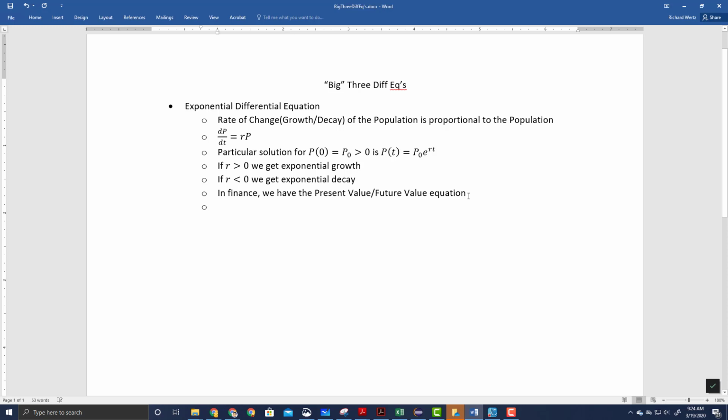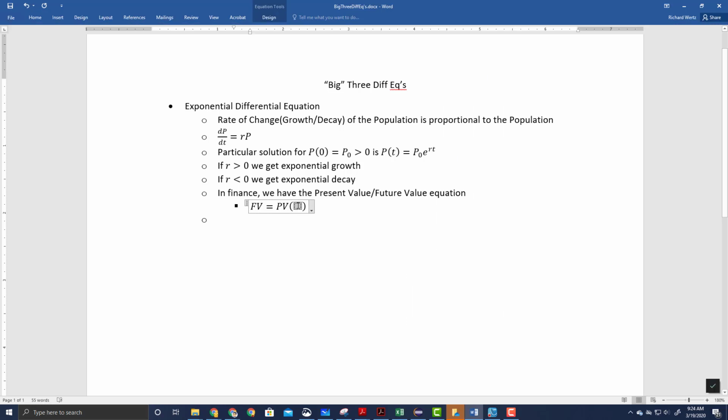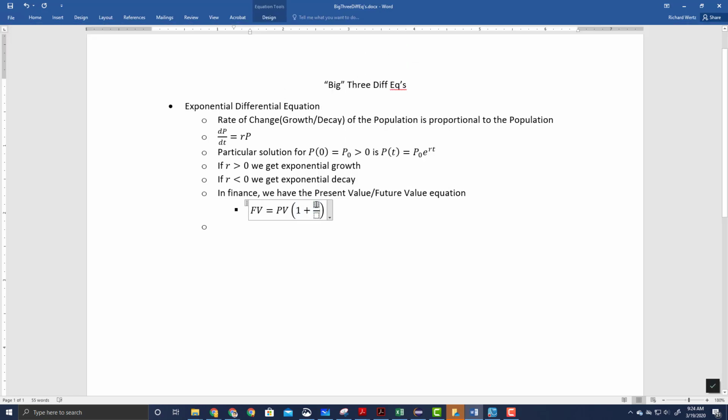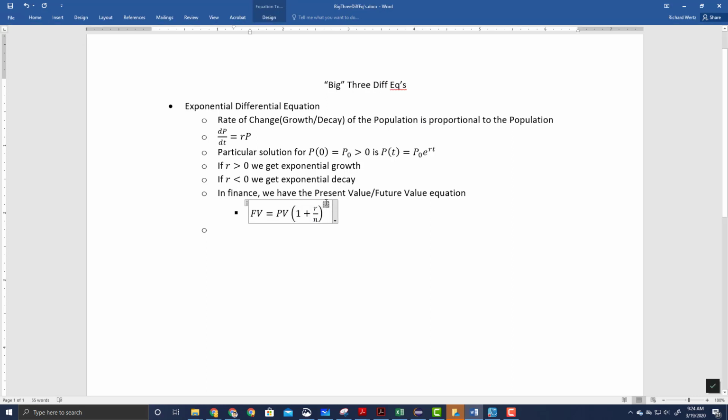This is what the equation is: FV, future value, equals the present value of your money, times one plus the interest rate divided by the compounding frequency, and then all of that is raised to the power nt.